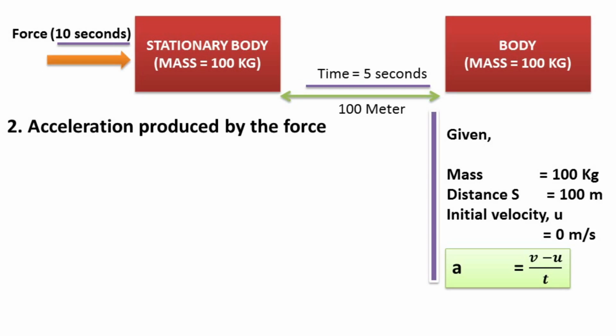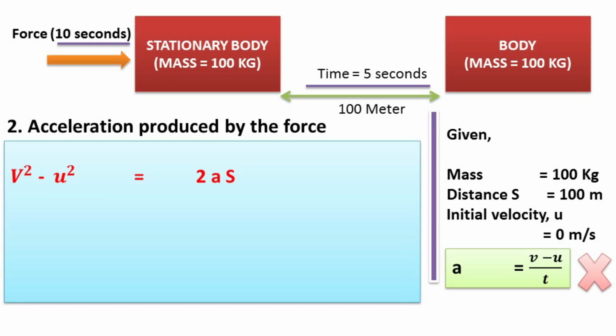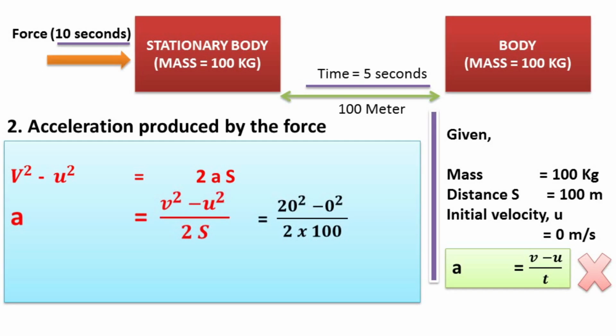The only formula without time is Newton's third equation of motion, v square minus u square is equal to 2as, or a is equal to v square minus u square divided by 2s. We know v is equal to 20 meter per second, u is equal to 0, s is equal to 100 meter.